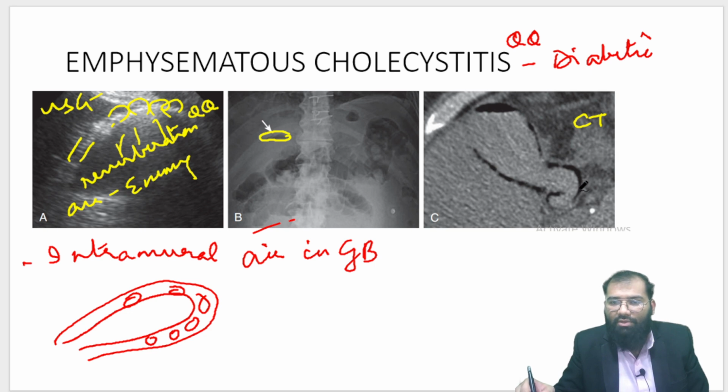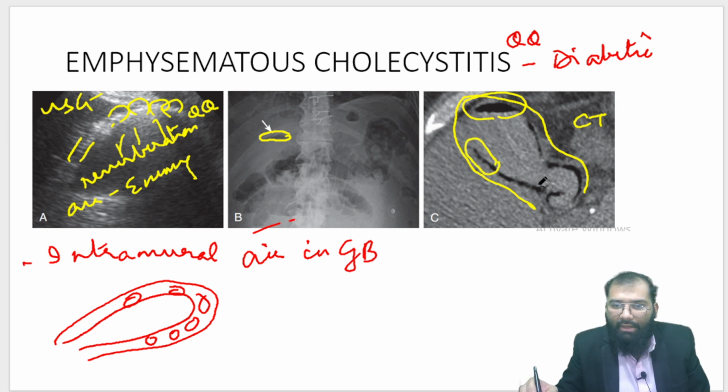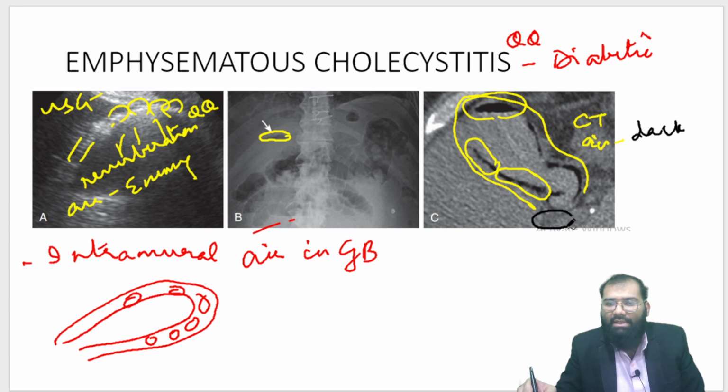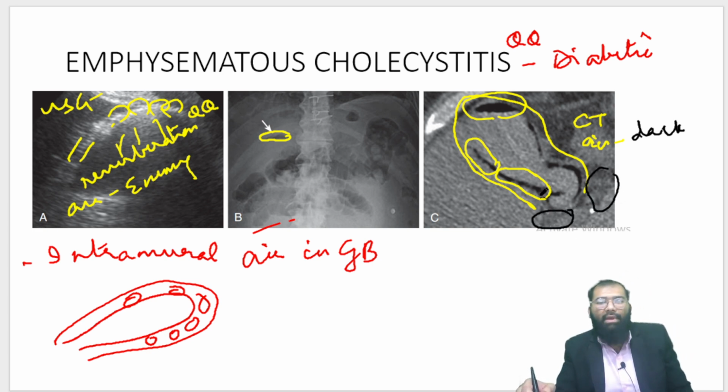On CT image, you can clearly see that within the GB wall, there are multiple air foci. Now, how do you identify air? On CT, air is dark, just like X-ray. So normally the soft tissue should have this density. Now here it is very dark.